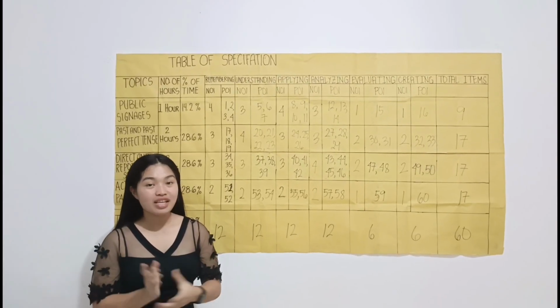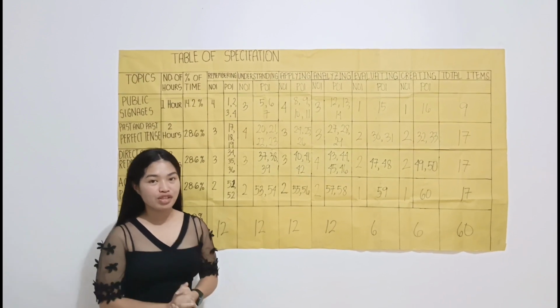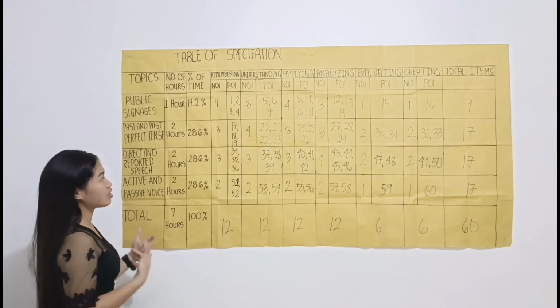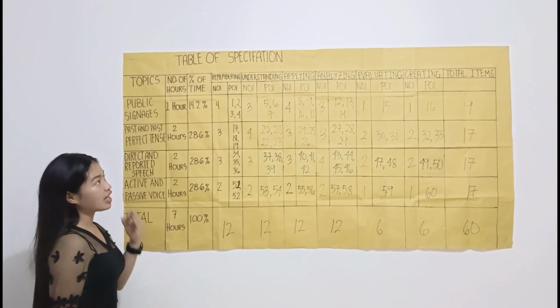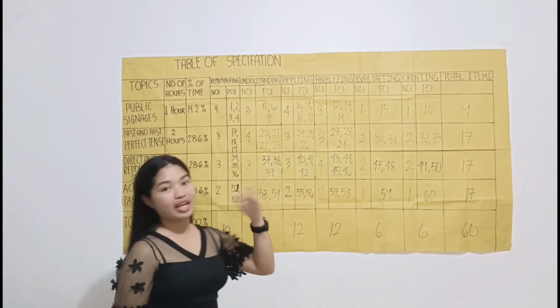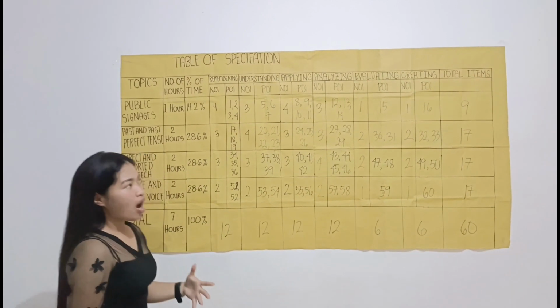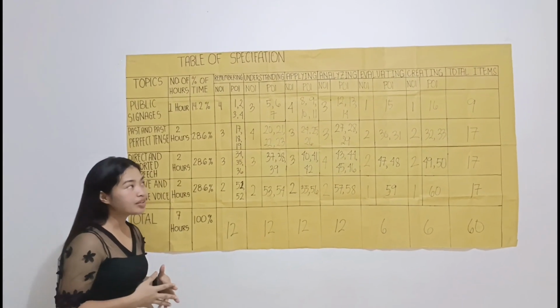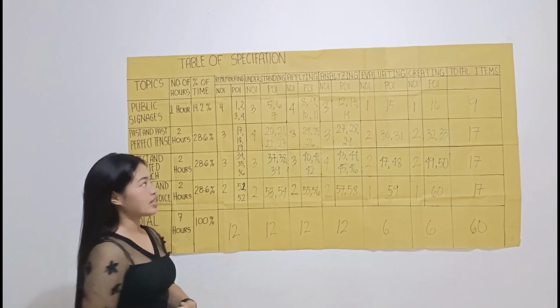In creating your table of specification, we have to utilize Bloom's taxonomy, which has the competencies of remembering, understanding, applying, analyzing, evaluating, and creating. Now, we are going to divide the 100% into these competencies.